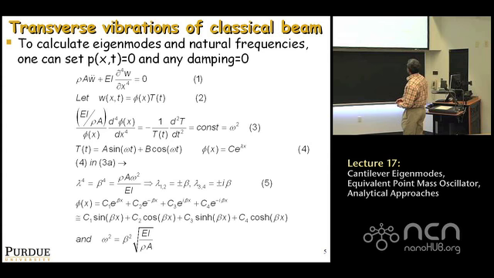So we plug equation 4 into equation 3, and we find out what the lambdas are, right? And we get lambda 1, 2 must equal plus minus beta. Beta is basically related to omega, okay?